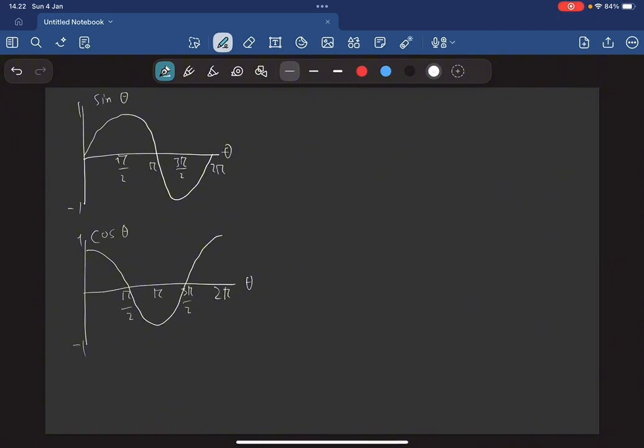This is for the cosine function. And this is for the tangent function.